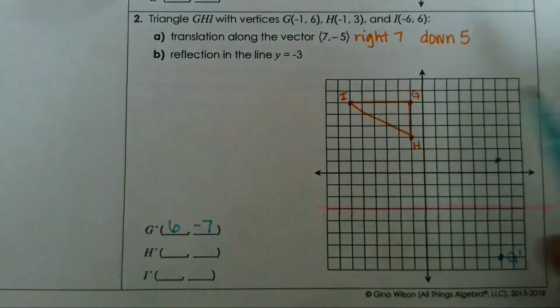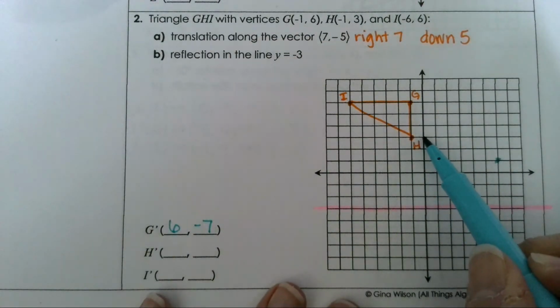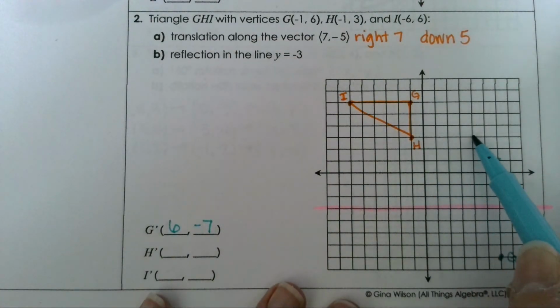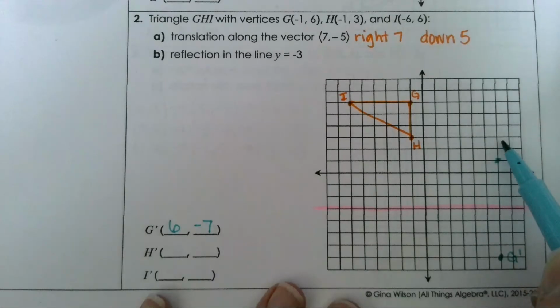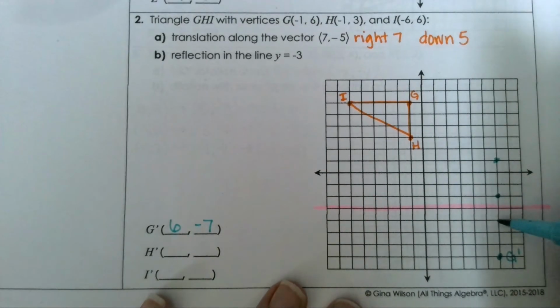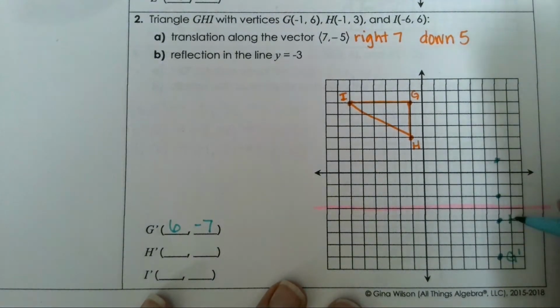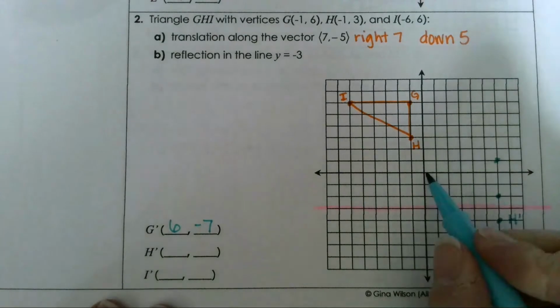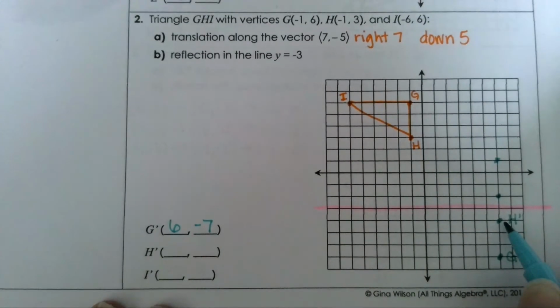Let's do H next. So that's right 7 and down 5. And then I'm reflecting it over this line, so H prime is going to end up here. And that is at 6, -4.